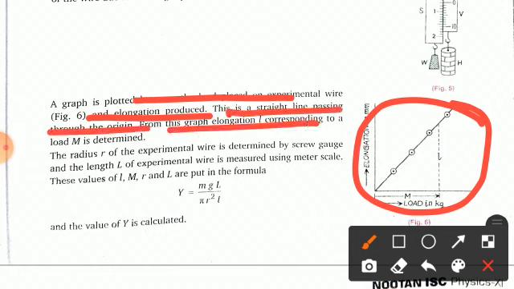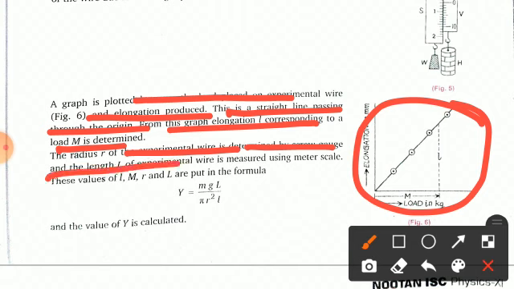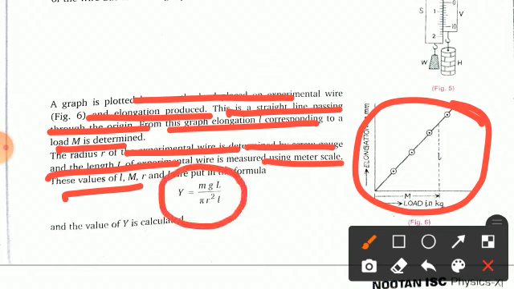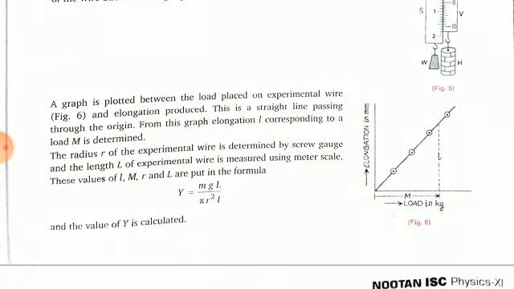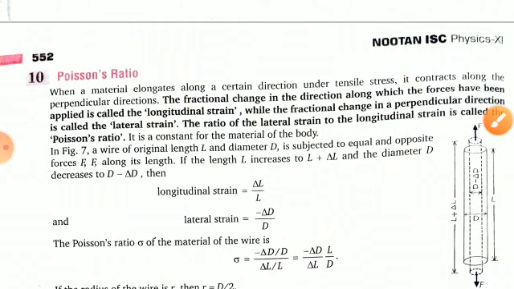From this graph, elongation, that is small l, corresponding to the load M, is determined. Now the radius r of the experimental wire is determined by the screw gauge and the length of the experimental wire is measured using the meter scale. So the values of l, M, r and capital L are put in the formula. So you will get here the Young modulus, which is mgL by pi r square multiplied by small l. Clear? I hope you understood.